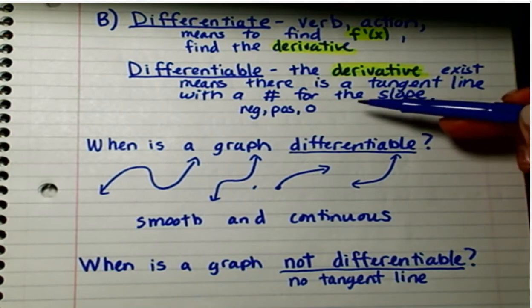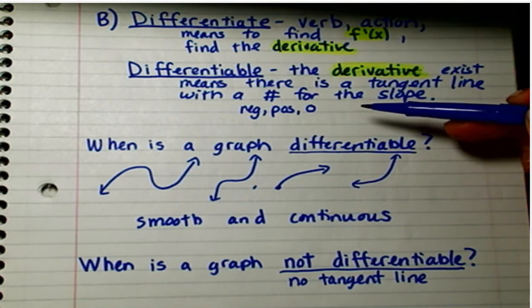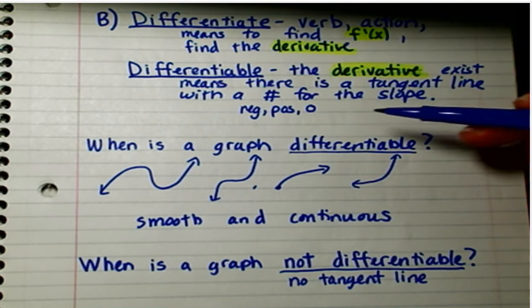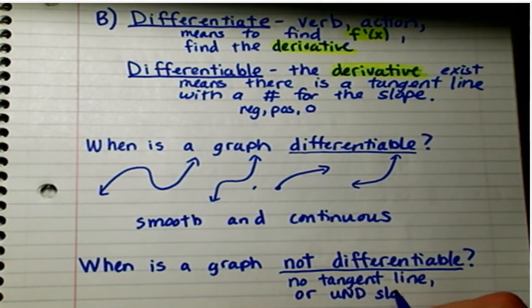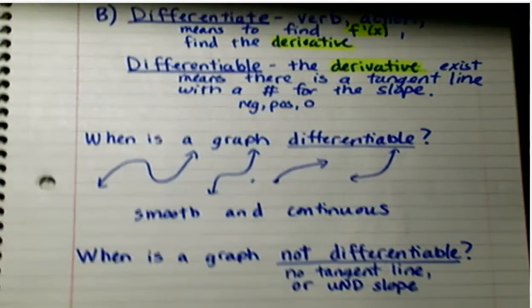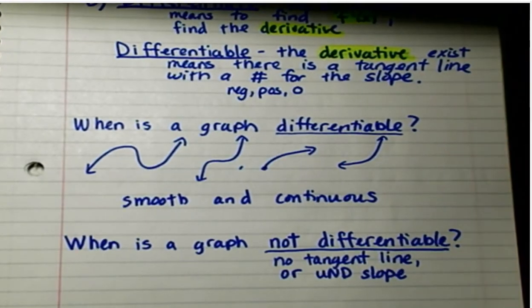You see how undefined is not included here? Because undefined is not a number. So no tangent line or undefined slope, because existing means there's a number for the slope. That's what existing means.